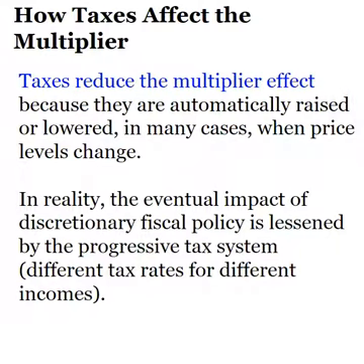There will be another level of why the effect of taxes is different from the effect of government spending. So taxes also reduce the overall multiplier effect because there are some automatic changes in tax revenue that actually have nothing to do with fiscal policy. So remember, the word discretionary is this idea that you are deciding to change things. So maybe we're deciding to cut taxes, or we're deciding to increase transfer payments.